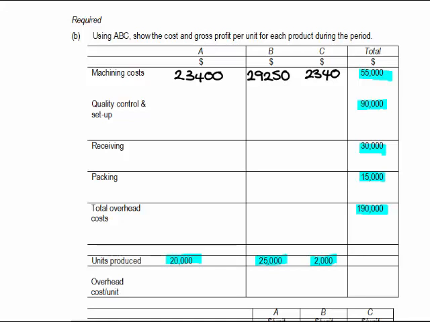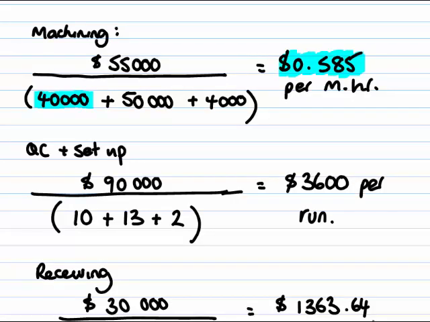Now, if you add that along, you might spot that it doesn't actually come exactly back to $55,000. It comes to 54,990. So why has that happened? It's happened because we've rounded the overhead absorption rate. The actual overhead absorption rate is 0.585106, and so on. So it actually does go on for some way. Now you're always going to have to round these. Unless you do the calculation all in one go, you're not going to get an exact answer. So don't worry about that in the exam. You're never going to be penalised unless you've rounded unreasonably.